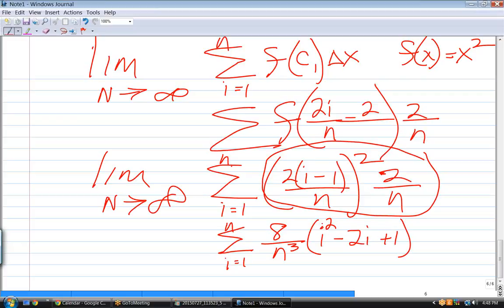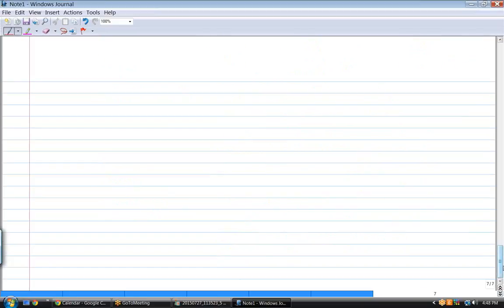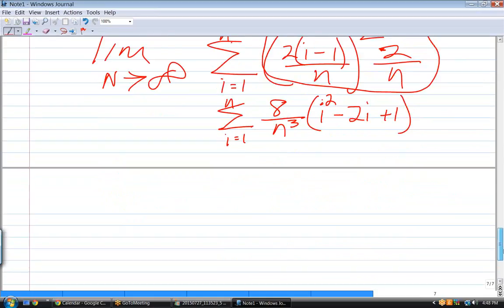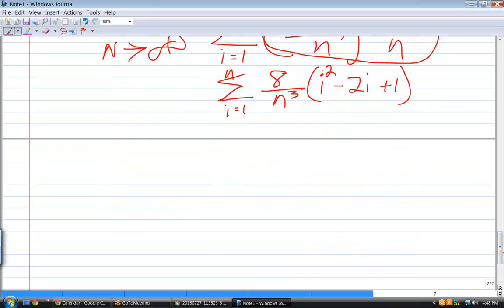Squared minus 2. Now, again, I'm going to remove all the n's and the numbers, and I'm going to be left just with i's or a number, which I know how to convert using the summation formulas.